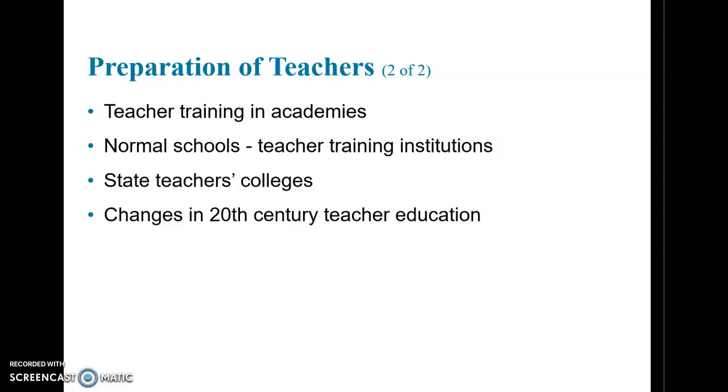As normal schools extended their programs to 4 years and began granting baccalaureate degrees, they also began calling themselves state teacher colleges. It was not until 1900 that universities began to establish departments of education and add a full range of teacher education programs to their curriculum.